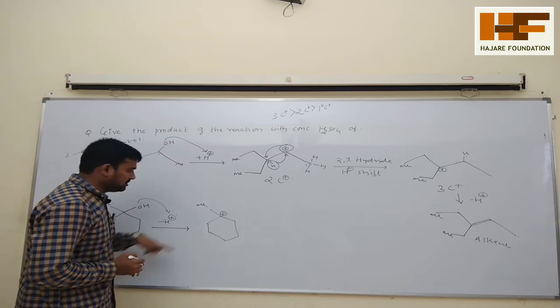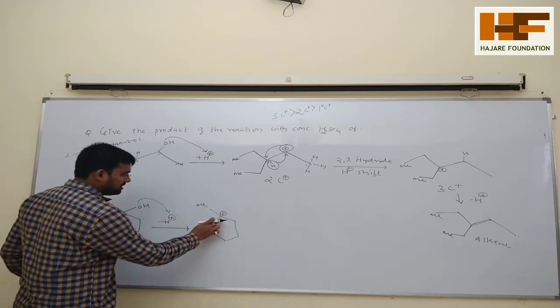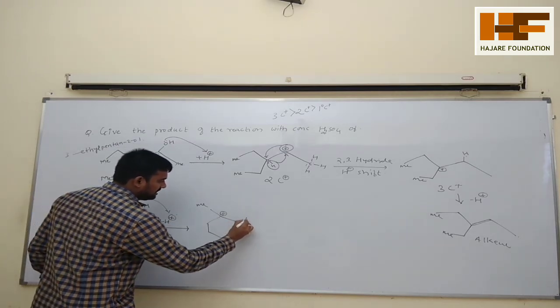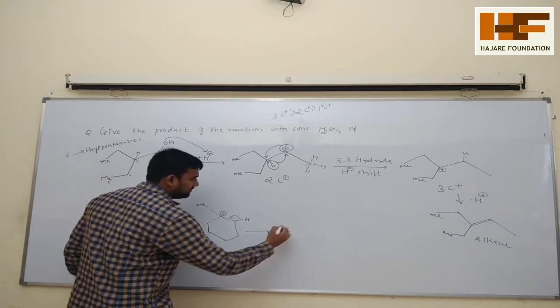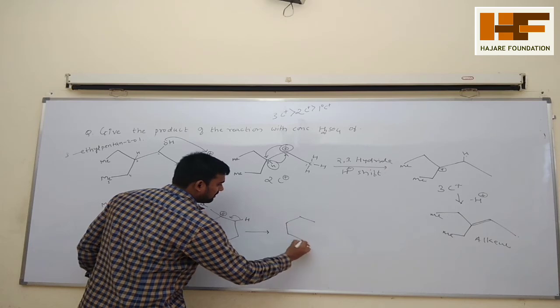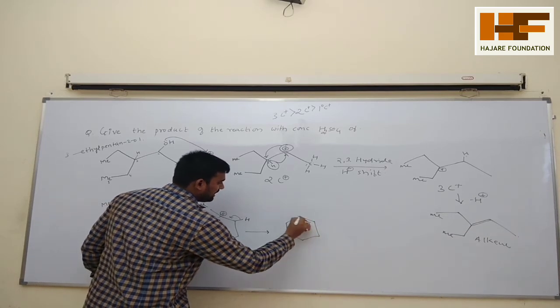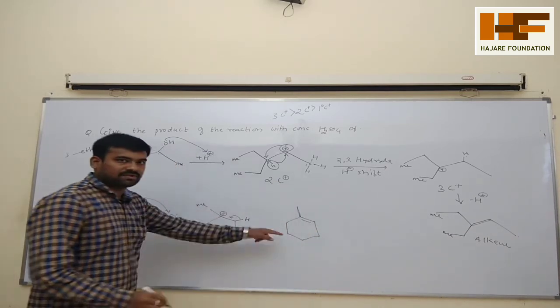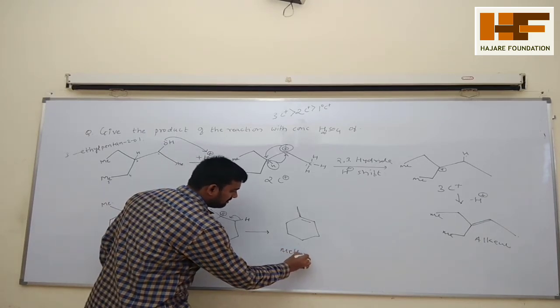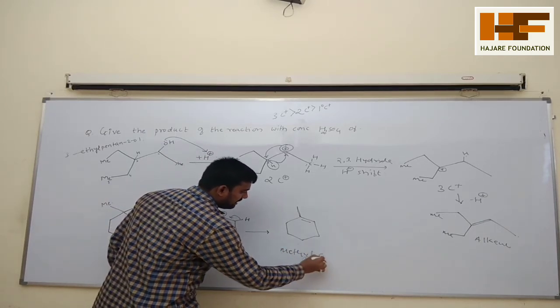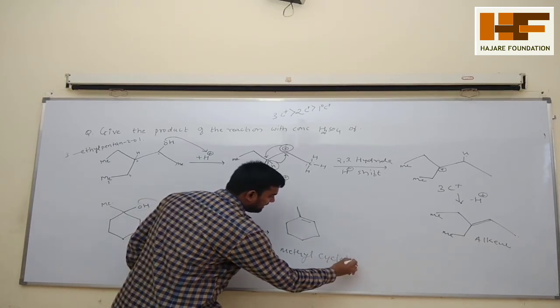As you know, this is called a tertiary carbocation. From hydrogen here, it comes here, you will get the structure. The double bond should be here and this methyl group will come. So the name of this compound is methylcyclohexene.